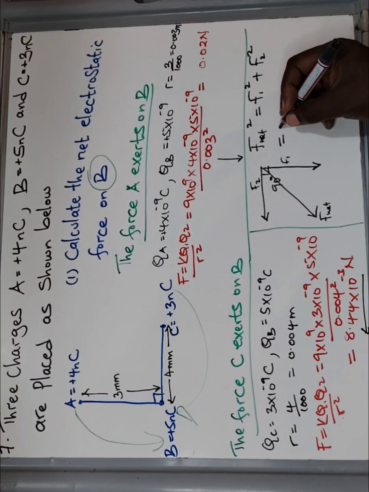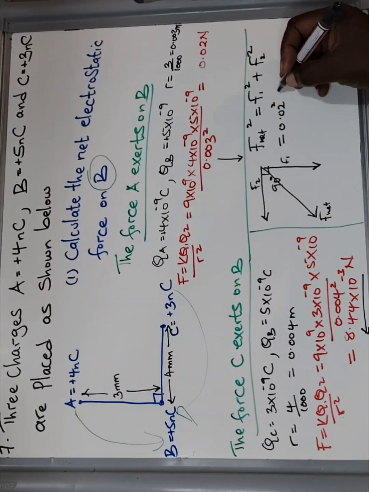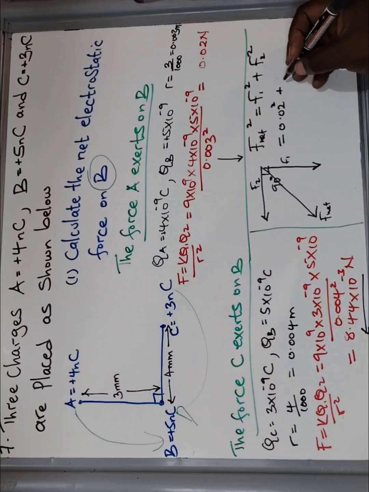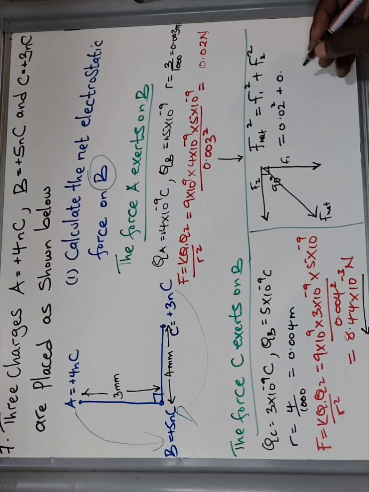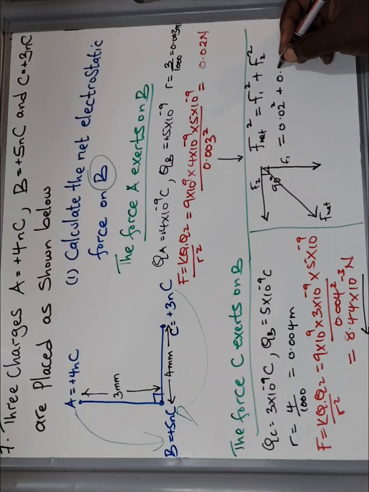Our F1 is 0.02 squared, and our F2 is 0.00844 squared.